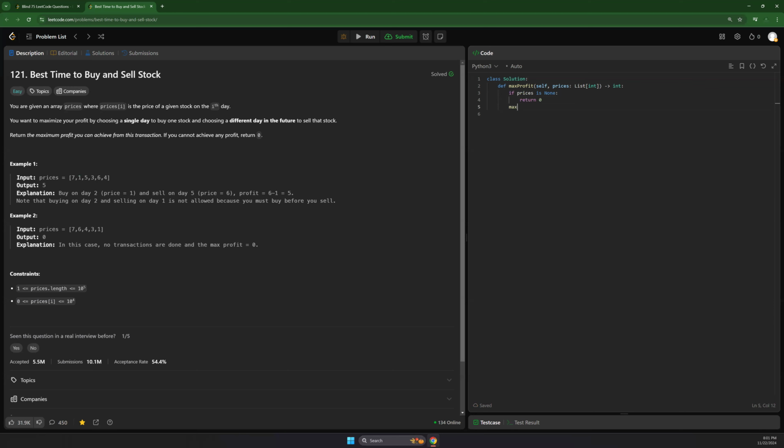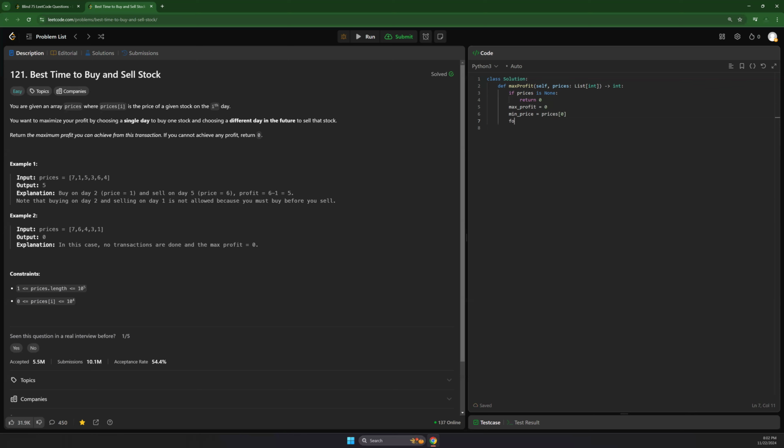And max profit, we have to start with 0. And min price, what you have already seen, needs to be the first location. So we will start with the first location. And we will come back to the edge case later.